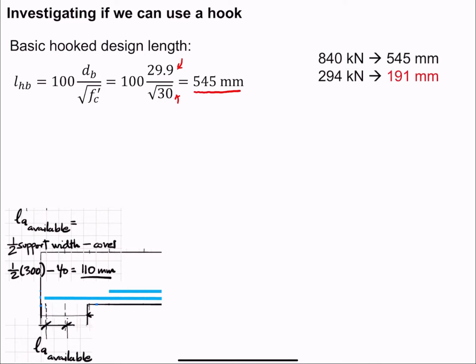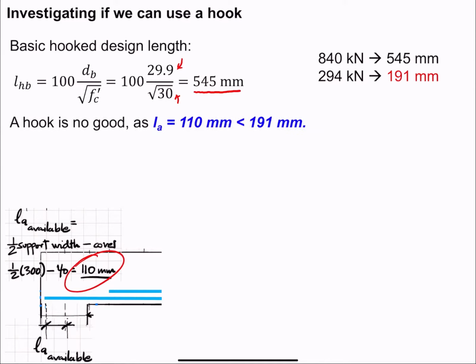And then we remember, full capacity 840 kilonewtons of the 30Ms will require 545, and 294, which is the tension caused by shear, will require 191.